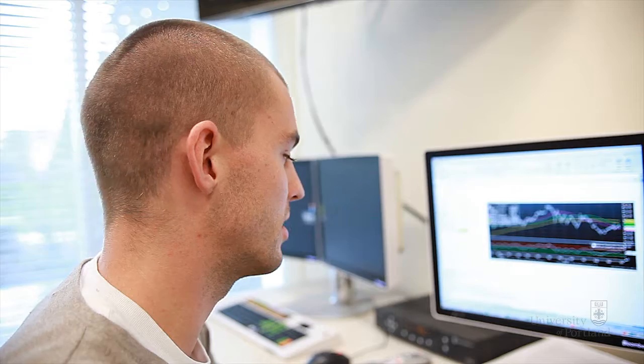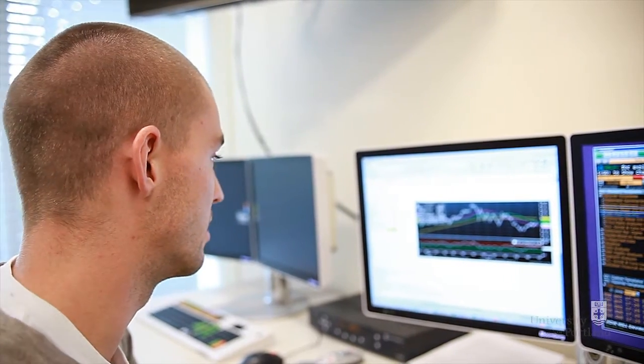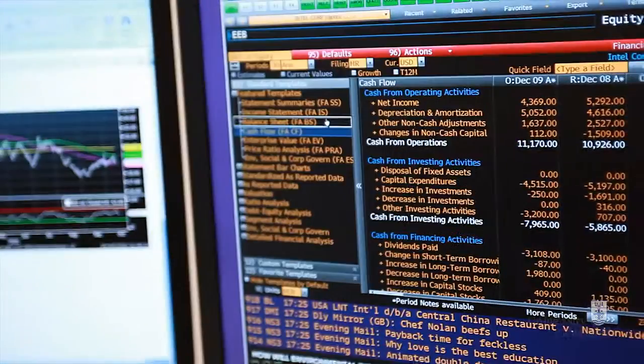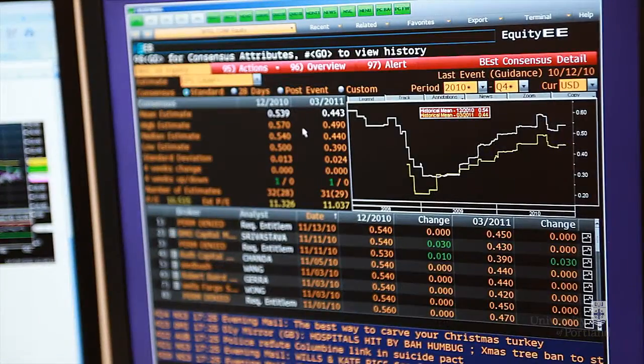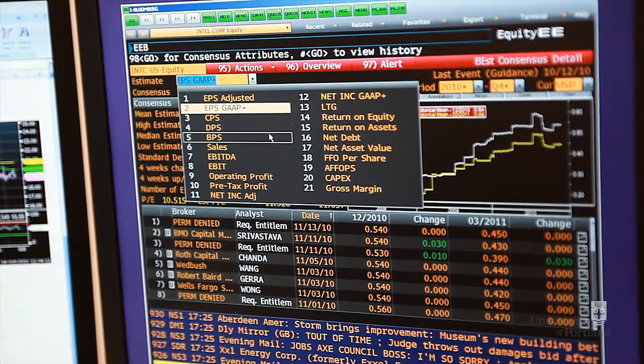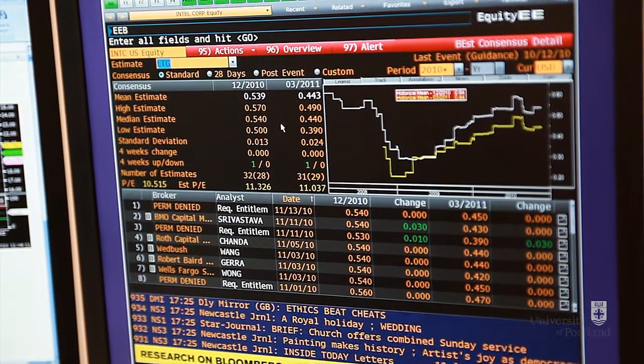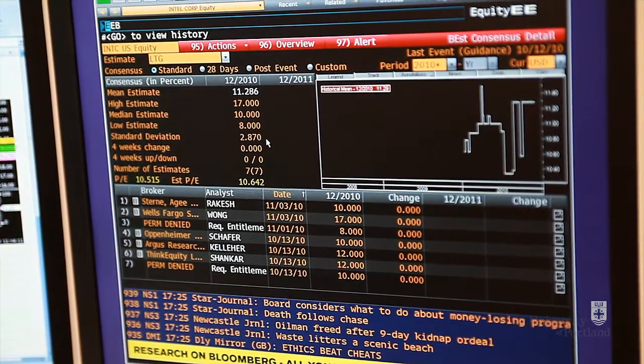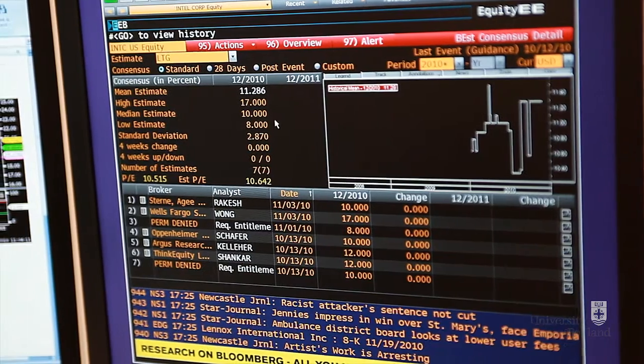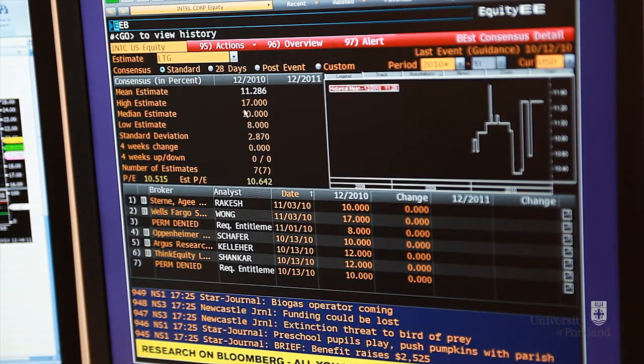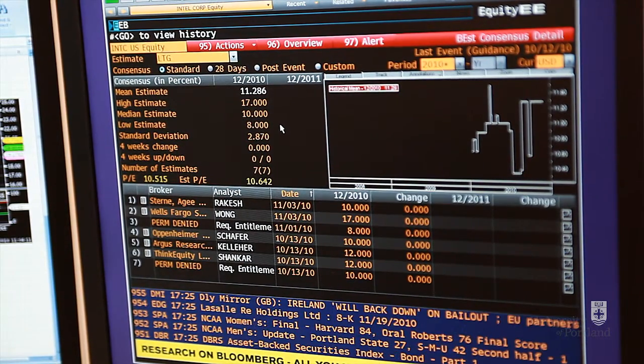Some other numbers I'll need are the long-term growth and the risk-free rate. The estimate for Intel's long-term growth is 10%, so I plug that into my equation over in Excel.